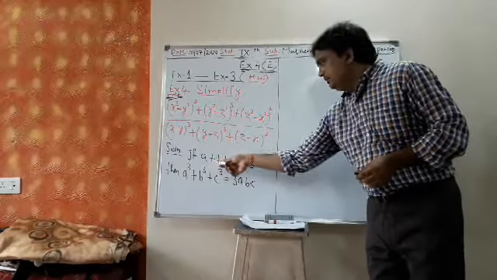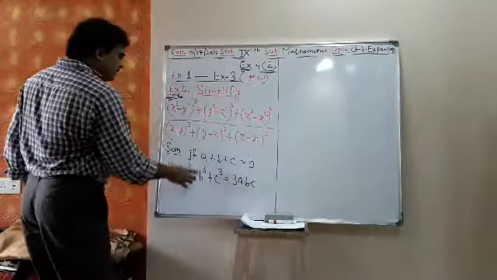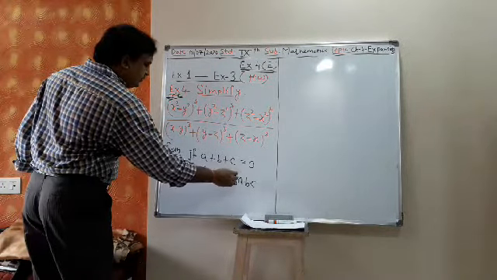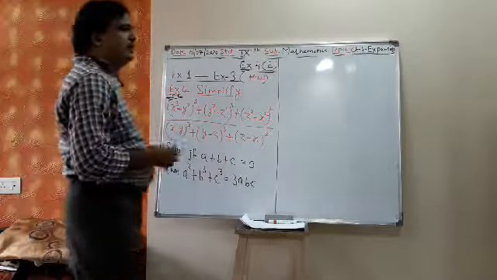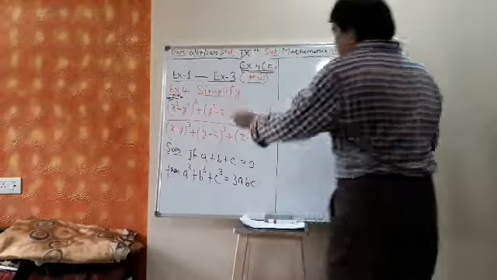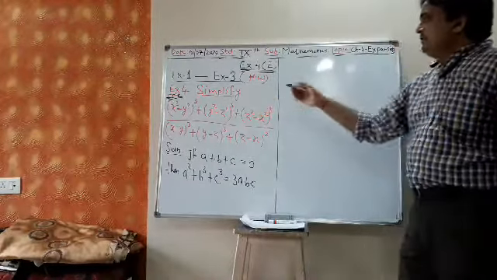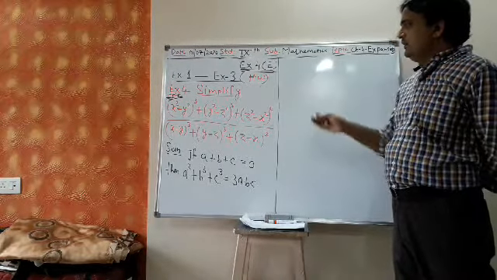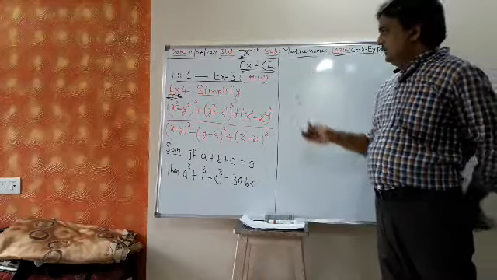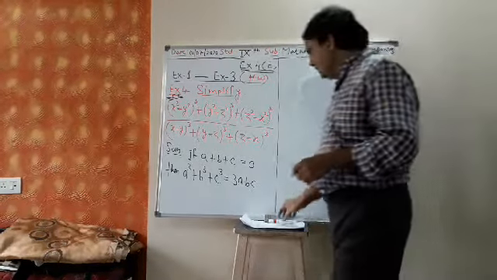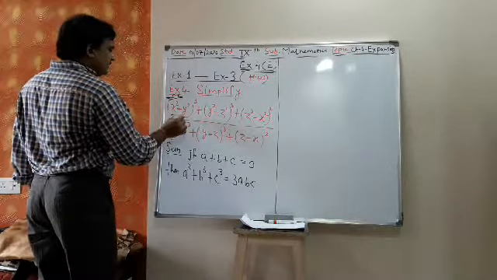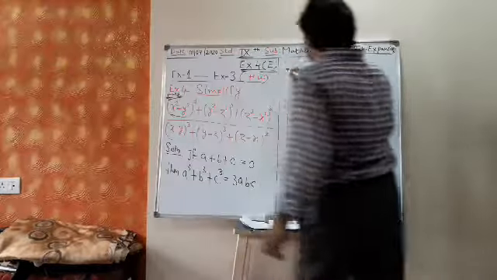If a plus b plus c is 0, then cube of a plus cube of b plus cube of c is equal to 3 into a into b into c. Same result I will use. I will check whether x square minus y square, I will take this as a.